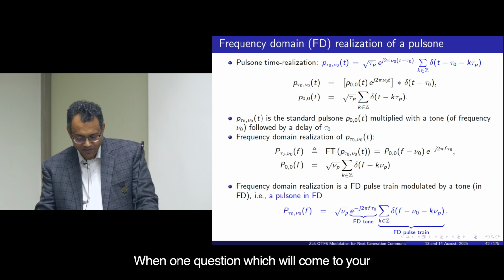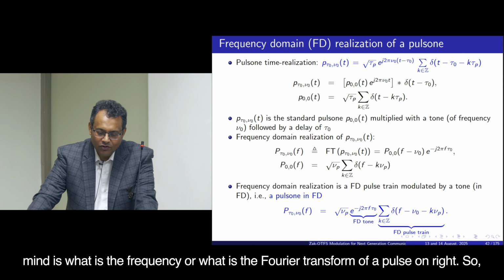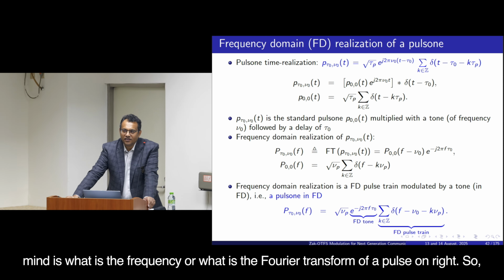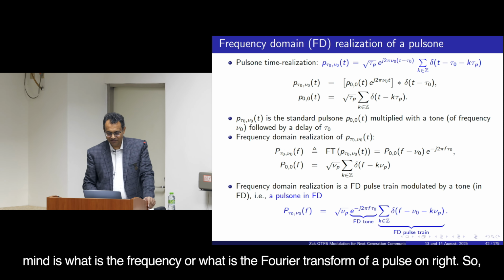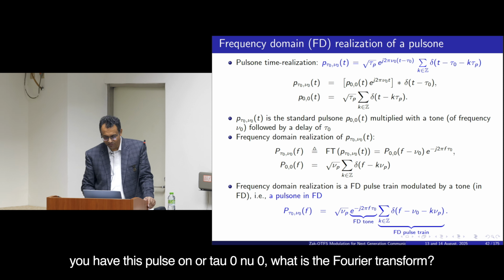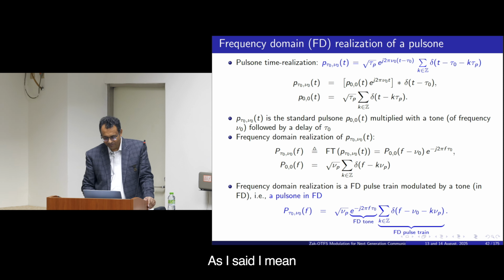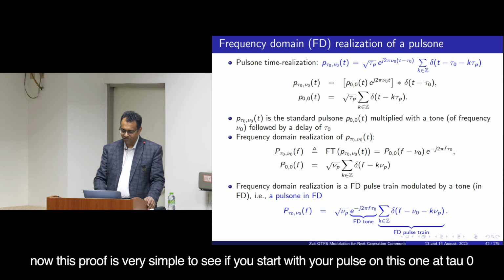One question which will come to your mind is, what's the Fourier transform of a pulson, right? So you have this pulson at tau 0, nu 0, what's the Fourier transform? Now this proof is very simple to see.